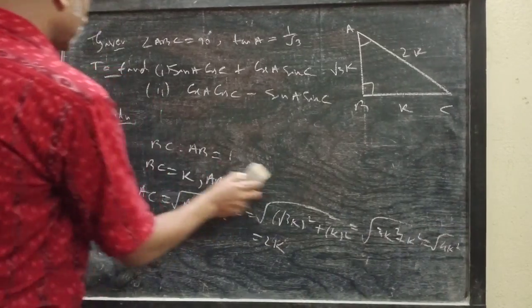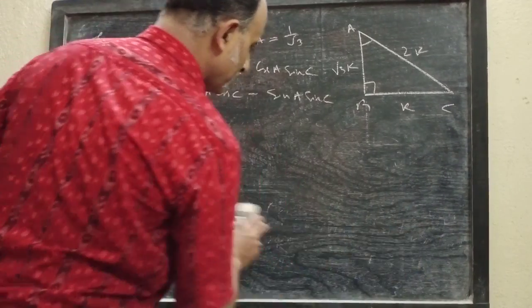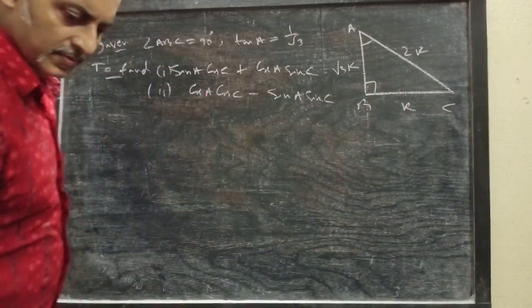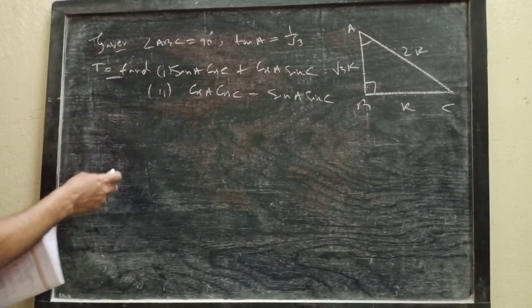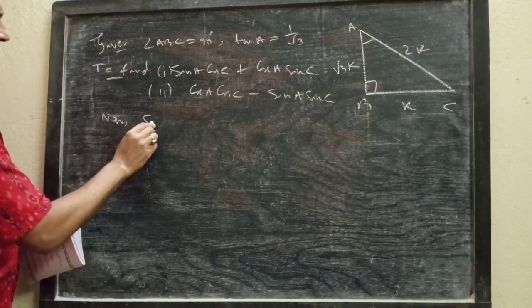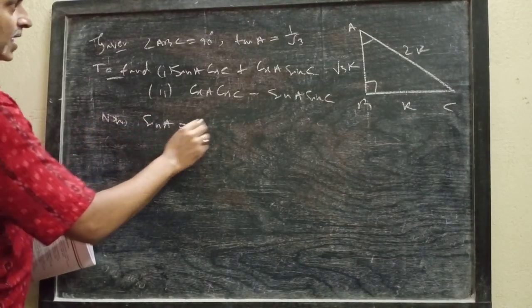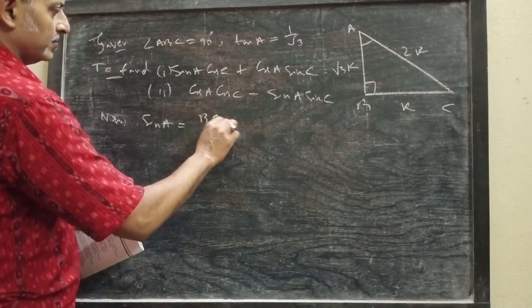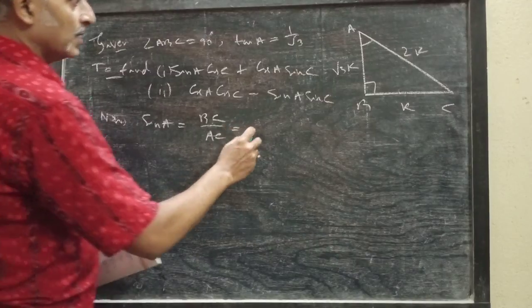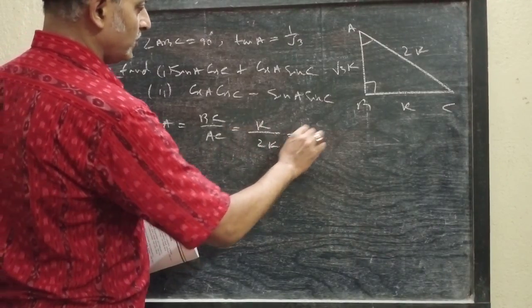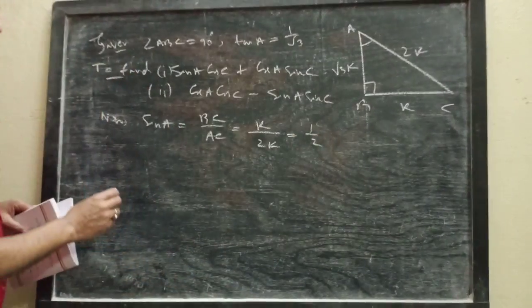Now let us find the trigonometric ratios whose values are required here. First find sin A. Sine of this angle is BC by AC. BC is K, AC is 2K, so this becomes half.